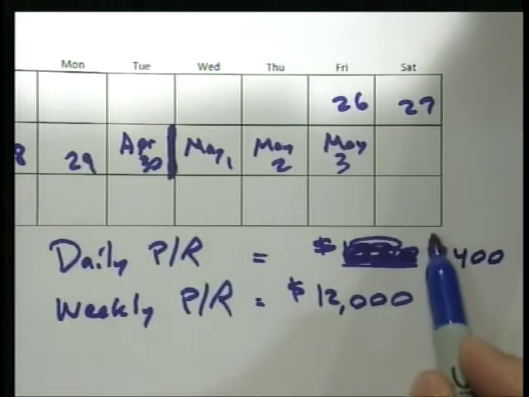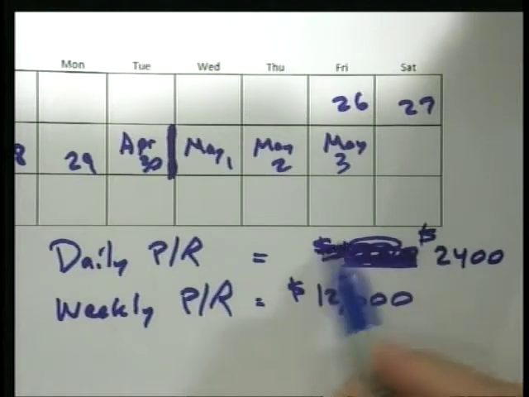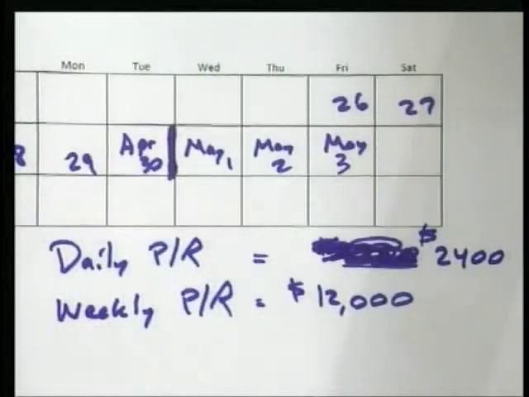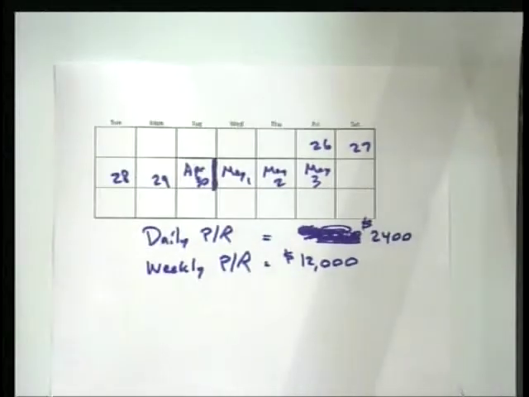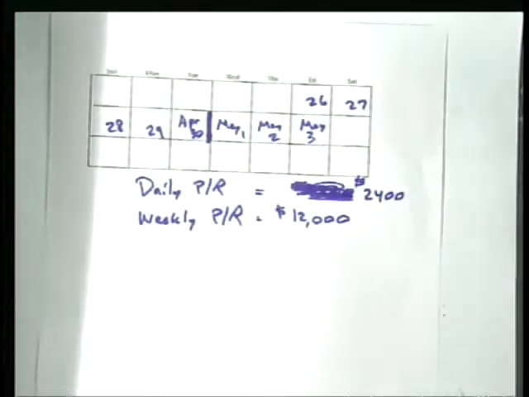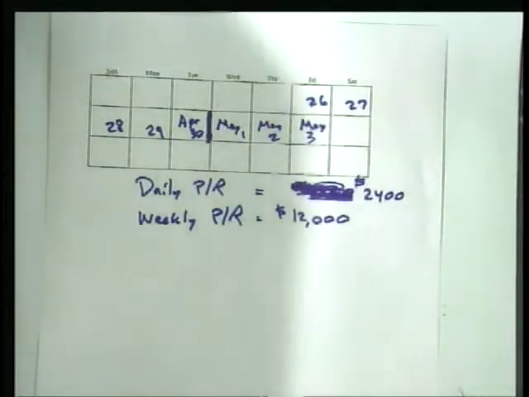2,400. So what we need to do, on April 30th, we're preparing financial statements. How many days have our employees worked? They have not been paid, but how many days have they worked? 2 days.